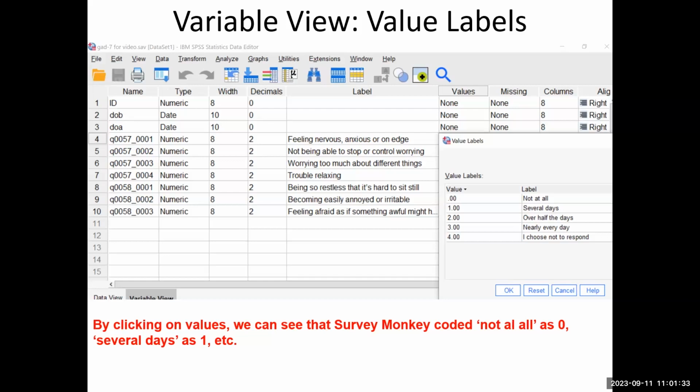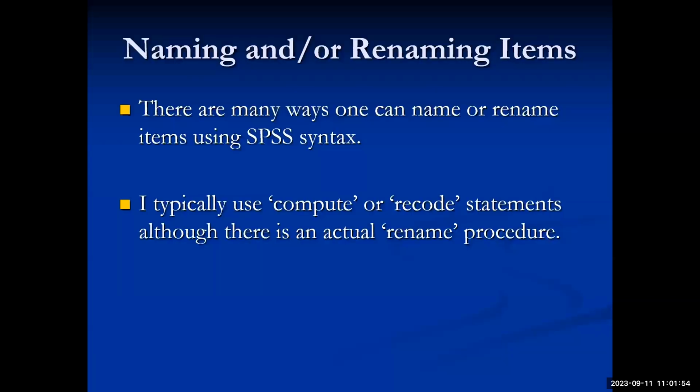Usually when I create my own value labels, I embed the numeric code within the label because I often want to act on those numeric codes. So in this case, if we see "not at all" in a frequency table, we know from looking at this values table that "not at all" is coded numerically in the data file with a 0.